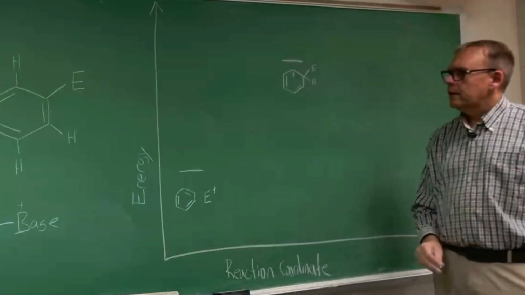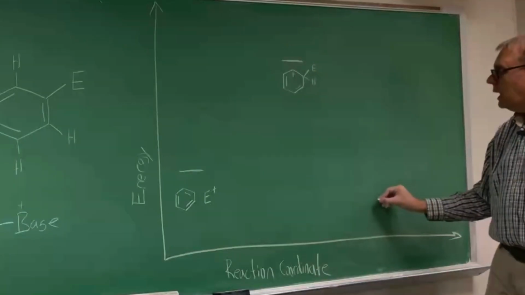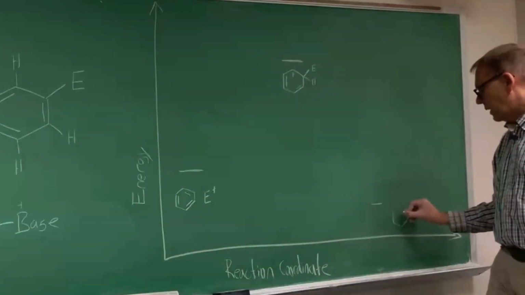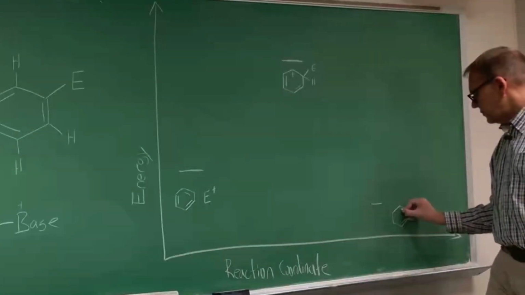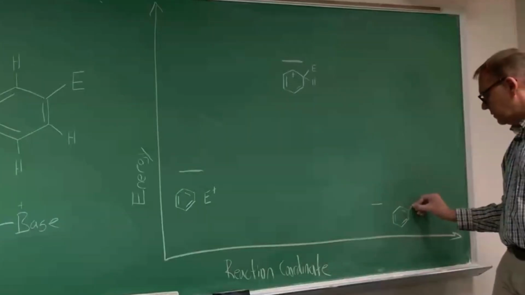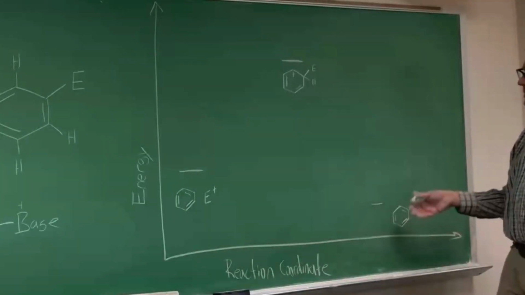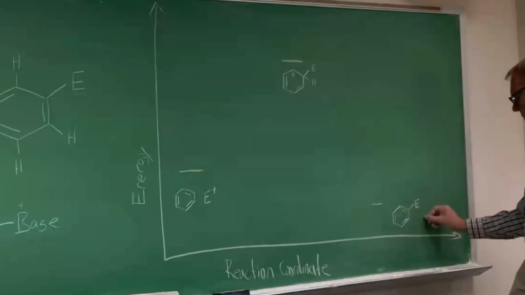That line represents the energy of that species. Then down here at the bottom, I'm going to show the energy of the final product. There is also a base involved in this too. I'm not going to show the base in the energy level diagram, even though it's an important reactant. And there's got to be an H+ to balance it.